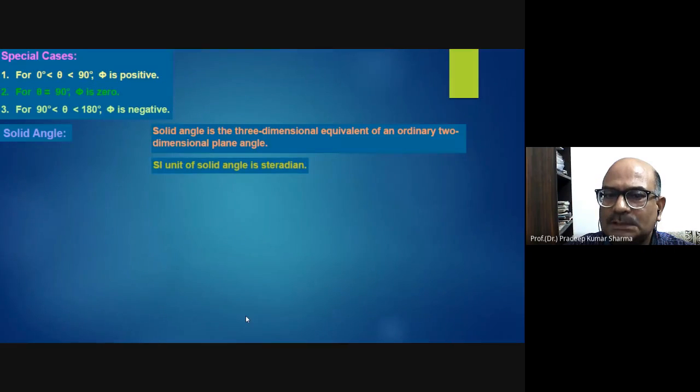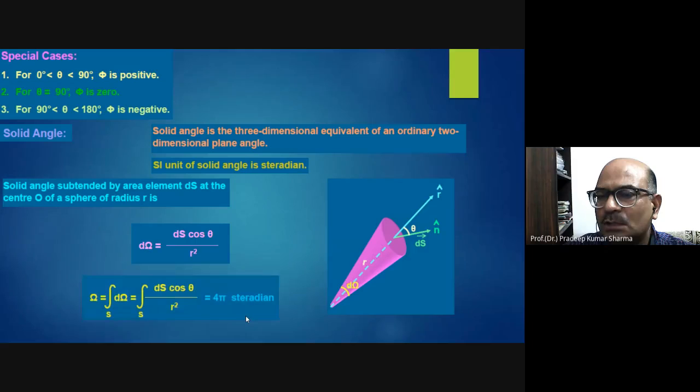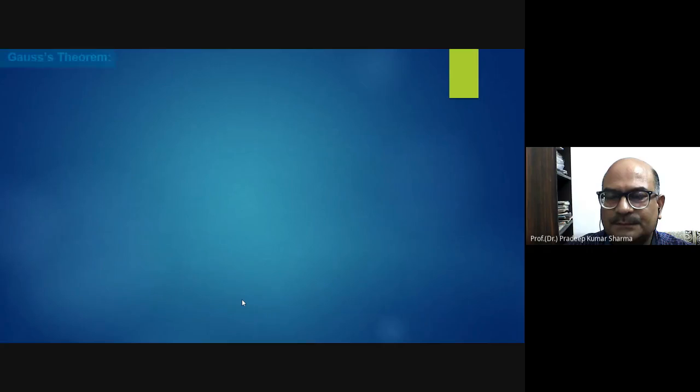We also discussed how to conceptualize the solid angle in three-dimensional space, and that the total value of the solid angle at any point is 4 pi steradians.